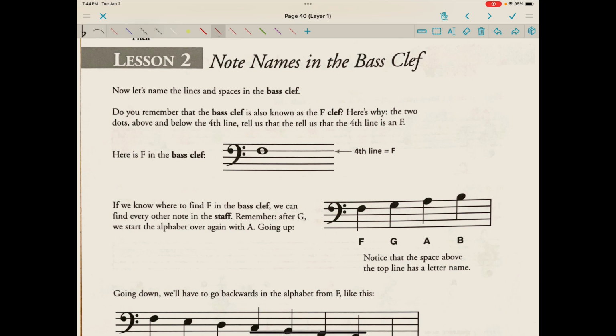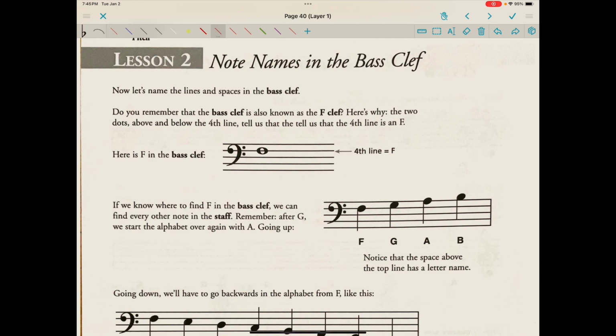Now let's name the lines and spaces in the bass clef. Remember that the bass clef is used for the left hand of the piano, for men's voices, and for lower instruments like the cello. Do remember that the bass clef is also known as the F clef. Here's why.